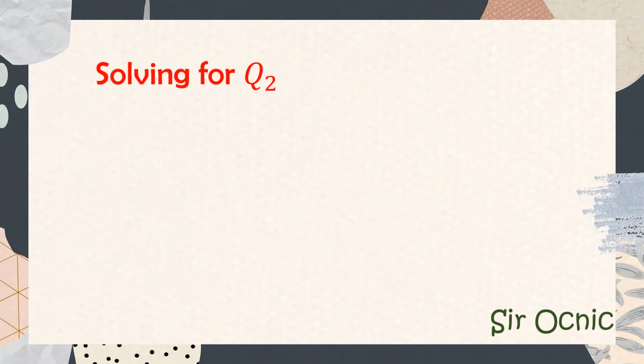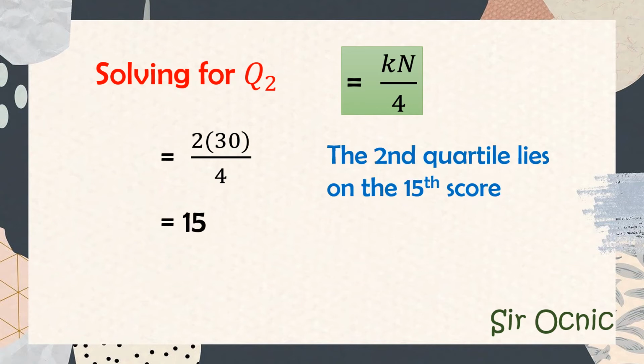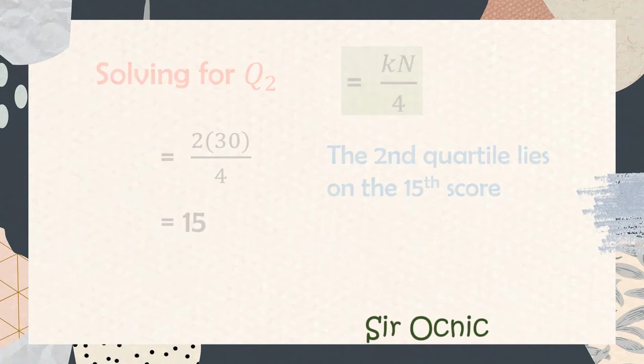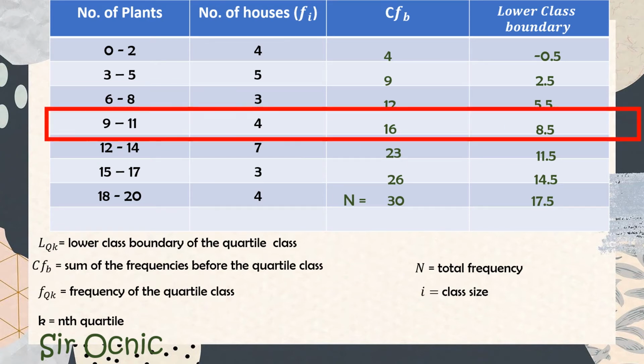Let us now solve for quartile 2, using kn over 4 where k is equal to 2. That is equal to 2 times 30 all over 4, which is equal to 15. That means that the second quartile lies on the 15th score. The 15th score lies on the class interval 9 to 11.